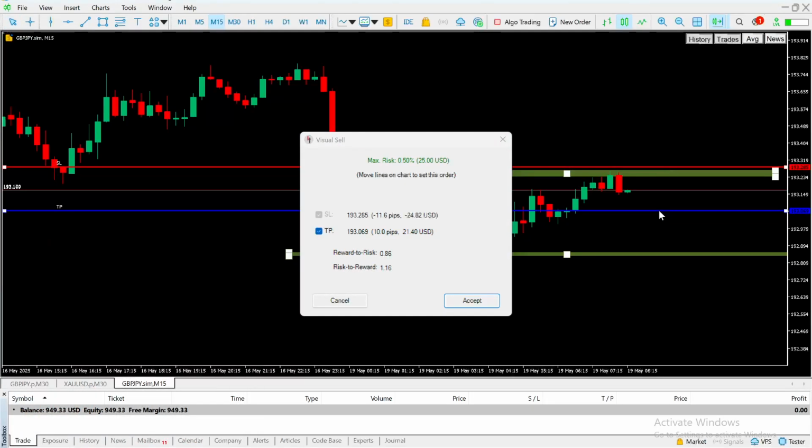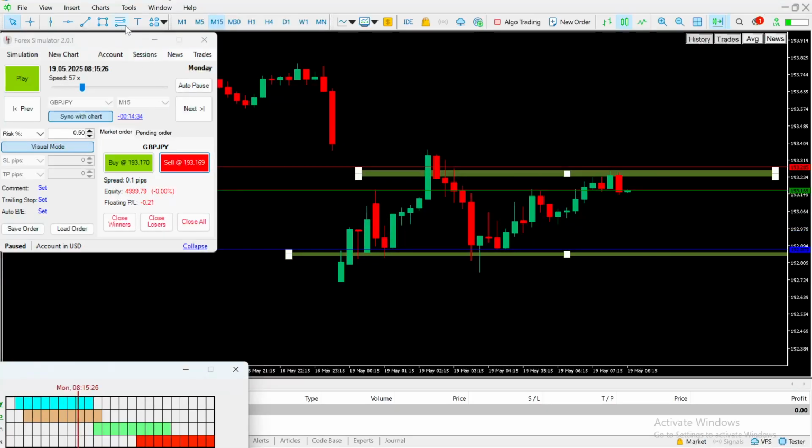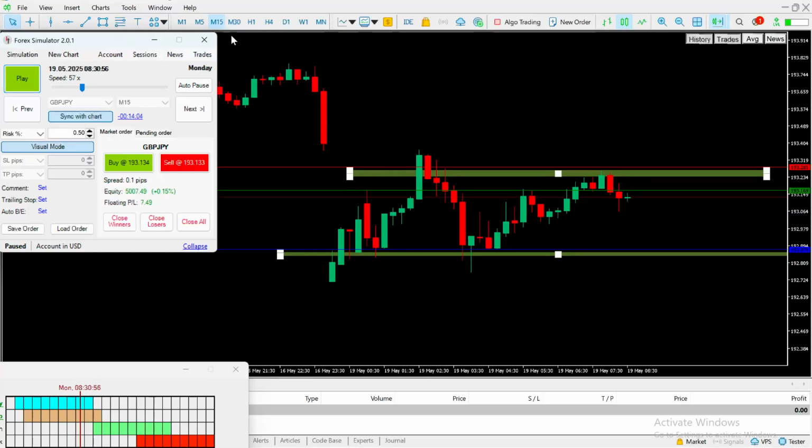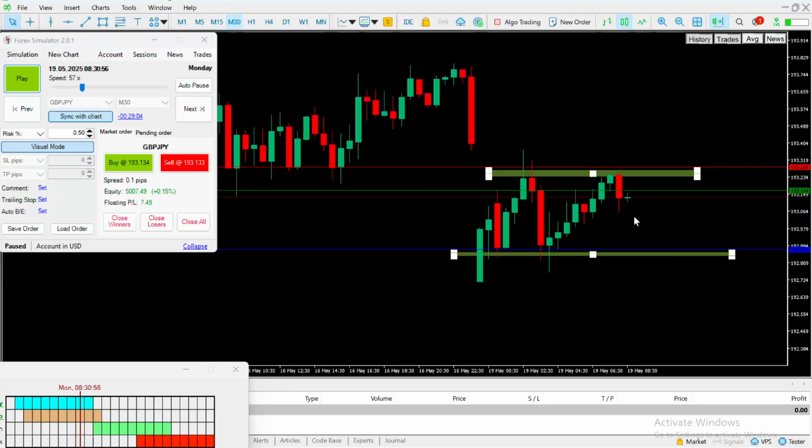Let's see. So the 30 minutes is closed and looks bearish, and our stop loss is at the right place.